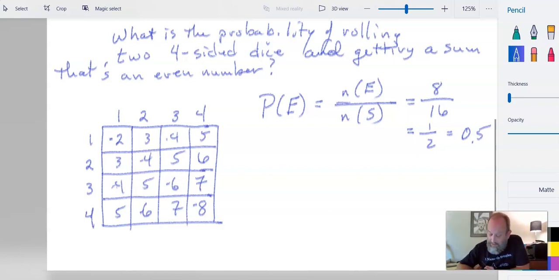Now, we can ask other things too. That first one was just the probability of it being even. What about the probability that it is not 3? Okay, so now we have to count all the things that aren't 3. Now, when it comes to these kinds of statements, there's different ways to say not 3. All of these things say the same thing, by the way. So I want the probability of not 3.